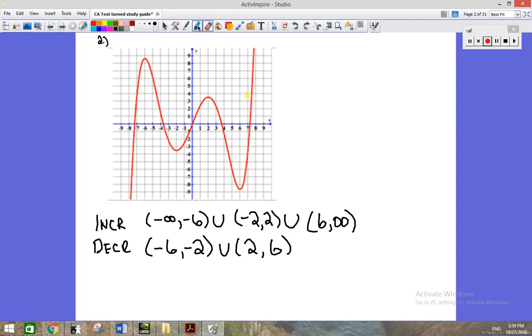All right, so I can definitely see this is not an even function because with respect to the y-axis, the right-hand side and left-hand side are not mirror images of each other. This guy is going up like that.